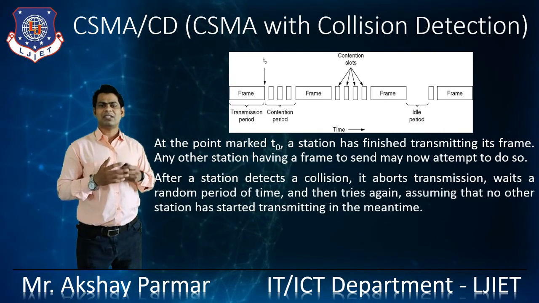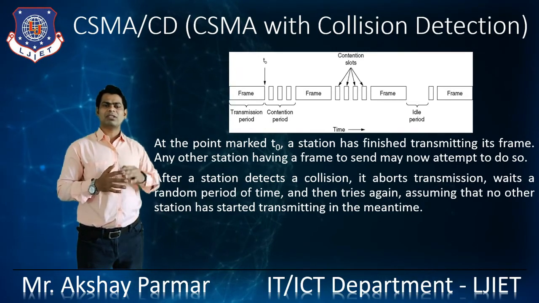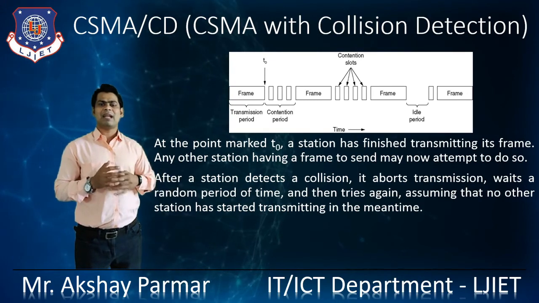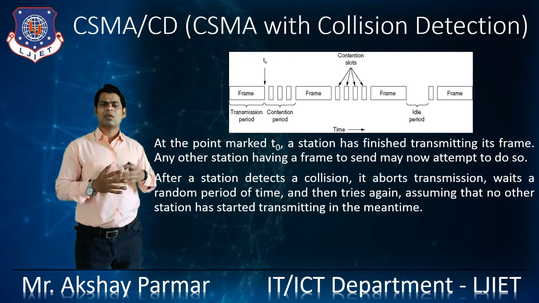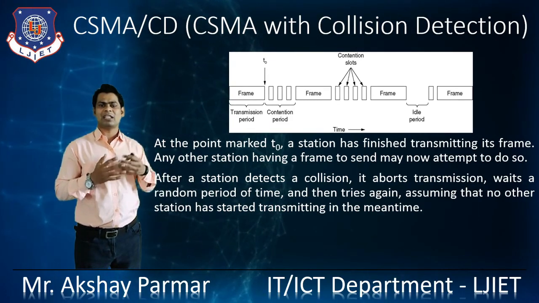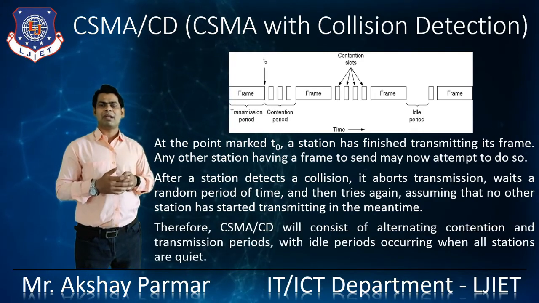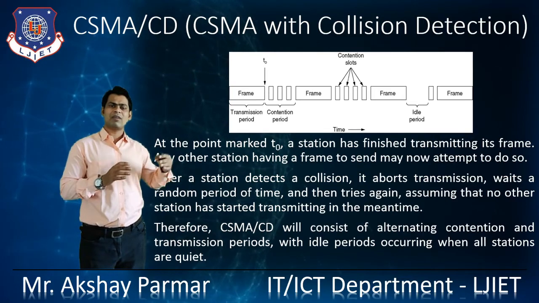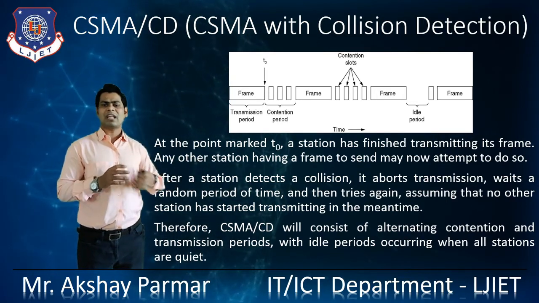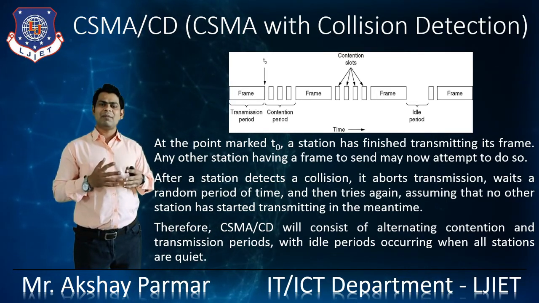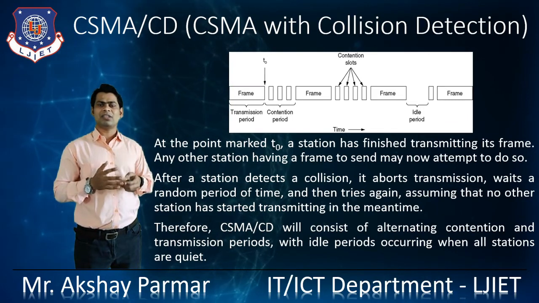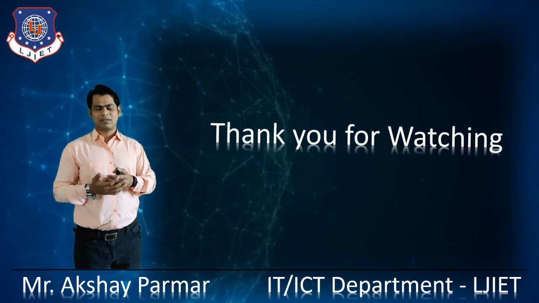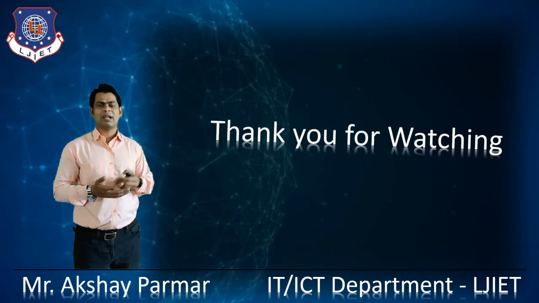After a station detects a collision, it aborts transmission, waits a random period of time, and then tries again, assuming that no other station has started transmitting in the meantime. Therefore, CSMA CD will consist of alternating contention and transmission periods, with idle periods occurring when all stations are quiet, right?